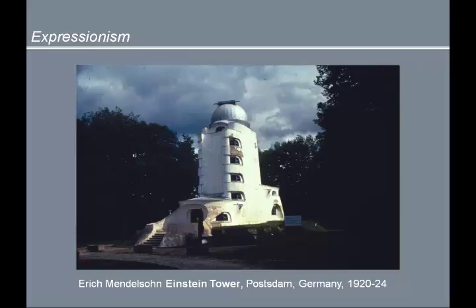And you can see from its lines, and its very sculptural quality, that it would have done quite well in reinforced concrete. However, Mendelsohn's vision surpassed the technical and economic ability to create this at this time. So it was actually built of brick masonry.